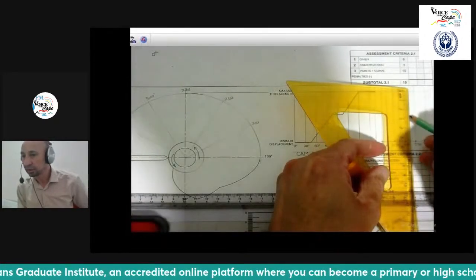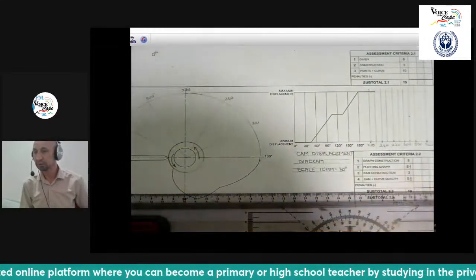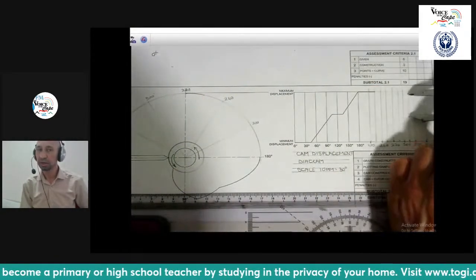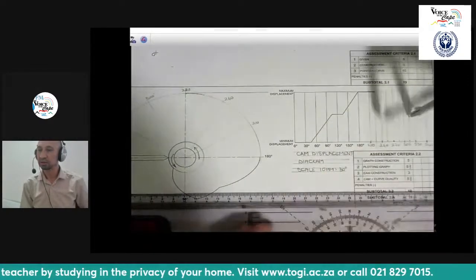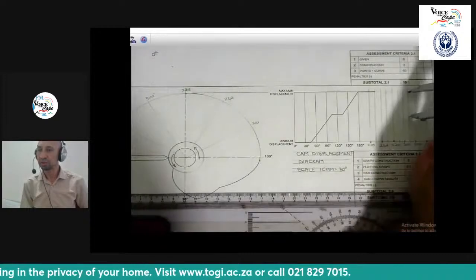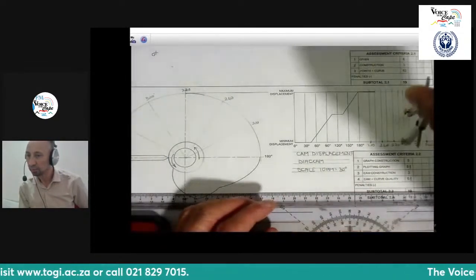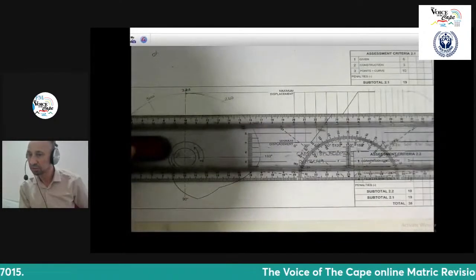In this case it is 54, and 27 is my midpoint. Now I'm going to simply take my compass and swing a semicircle. That semicircle is the point where it's going to drop down to. So there's my semicircle.